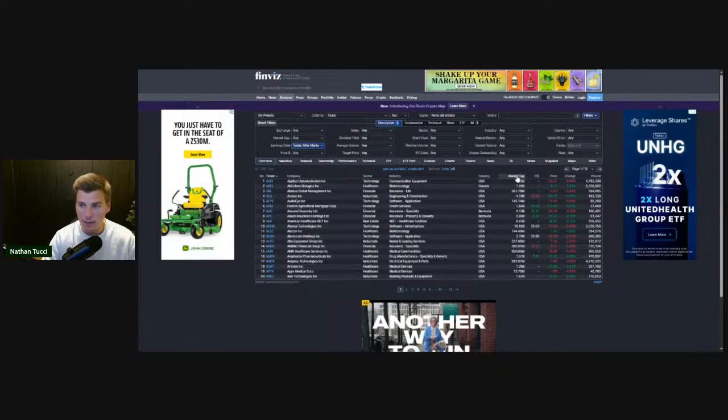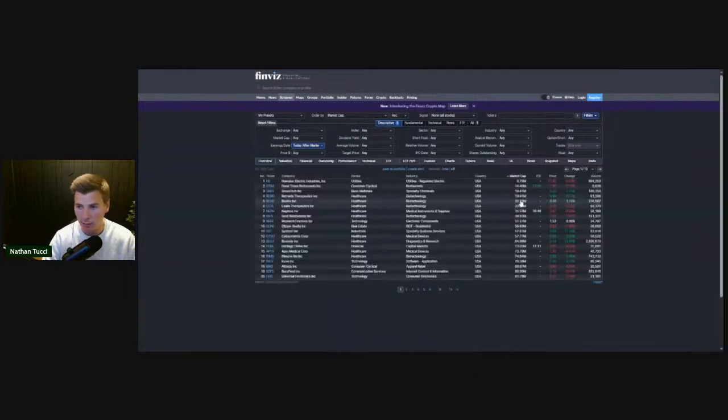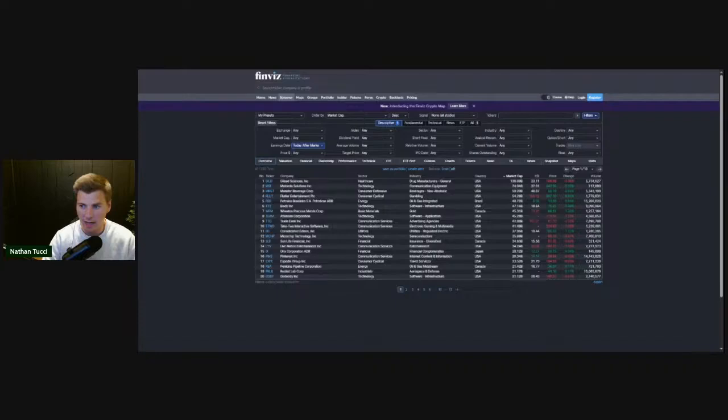In other words, I'm getting the entire list of trades that can be made between now and the market open. Then I just sort by market cap, because I'm typically focused on the trades that have a little bit more action.